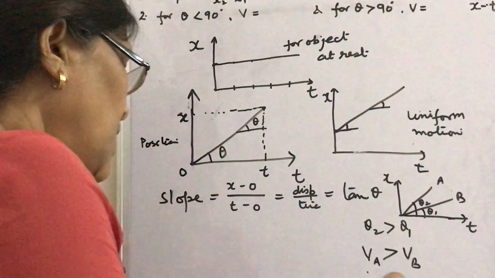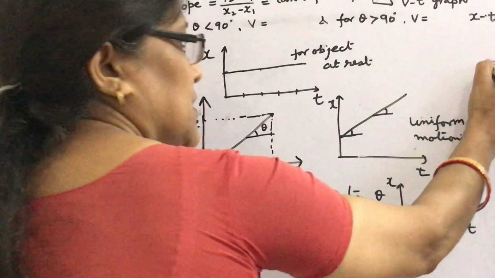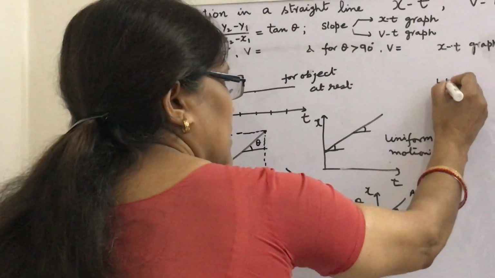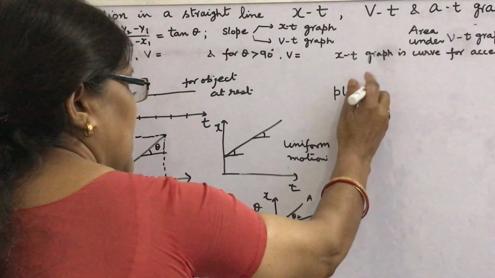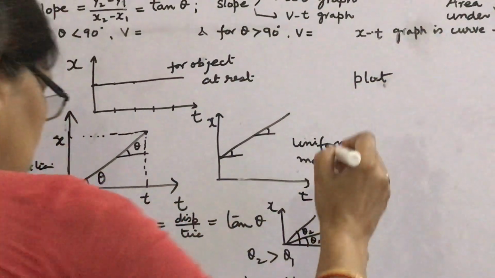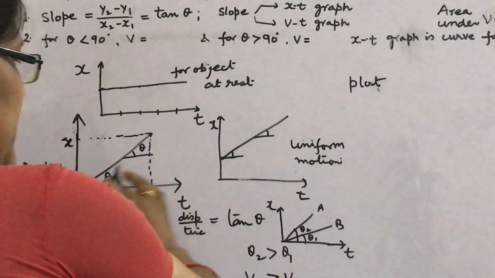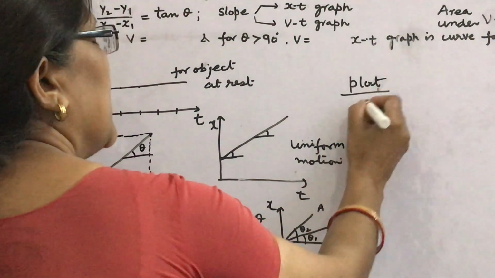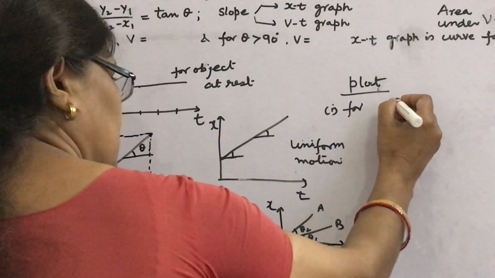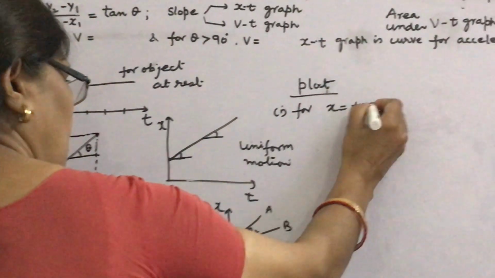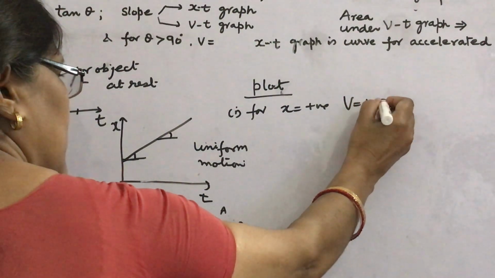Now, what about the graphs in various positions? Suppose conceptual values of the direction of x and t are given, and you know the slope is velocity. So, plot the graph. Number 1, it is given for x positive and v positive, velocity positive.